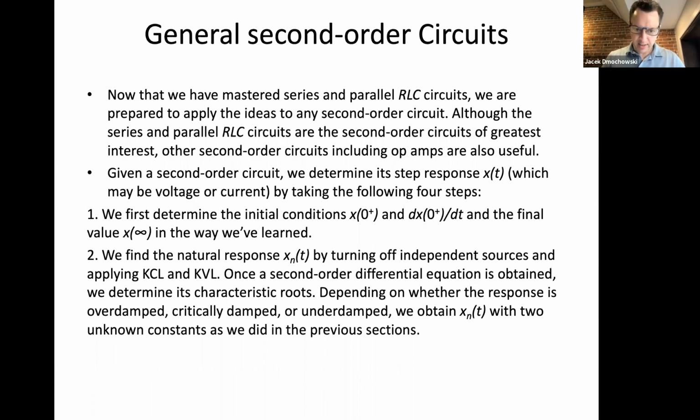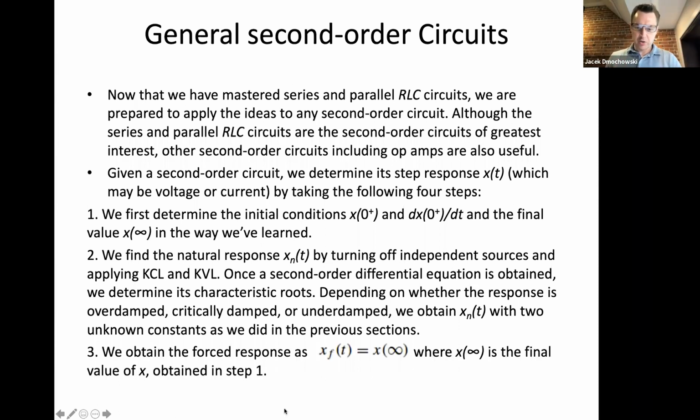When you get to that equation, you solve for the roots. You'll either have 2 real negative roots, 1 real root, or 2 complex roots. Based on that, you have your natural response, which you then combine with your forced response.